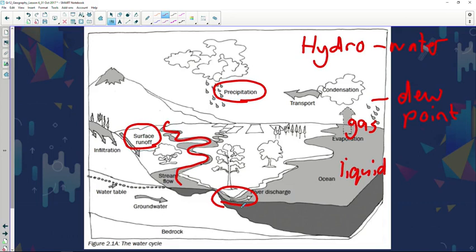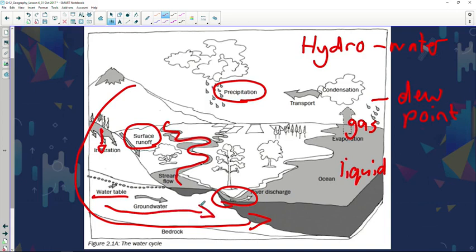Or another way the water can move back into the ocean is indirect runoff. When the water infiltrates, it eventually goes through to our water table and is again transported through groundwater, and that's base flow back into our oceans. What I mean is this is a closed cycle because it's repetitive, happens over and over and over.